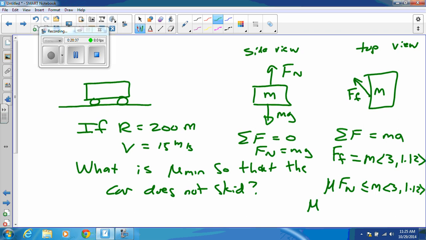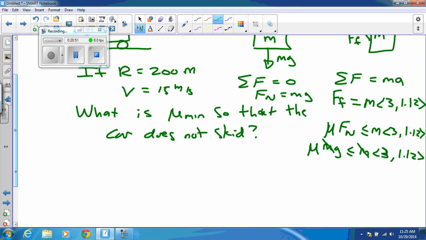And so the normal force is mg, right? And now something happens that we have seen a lot, and that is that my masses cancel out, so the mass of the car doesn't really matter.